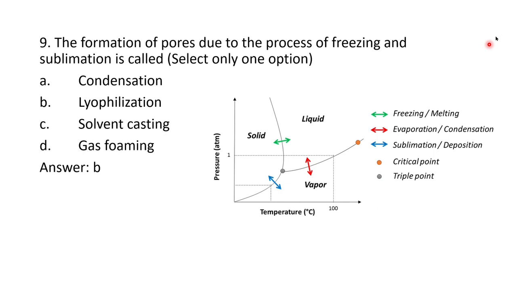In a lyophilizer, when you place your pre-polymer mix, due to the low temperature and low pressure conditions, it will directly be converted from a solid to a vapor. So conversion of solid to vapor directly is called sublimation.